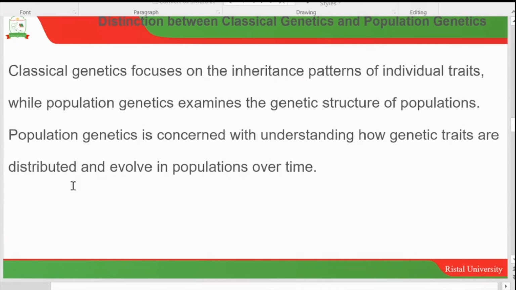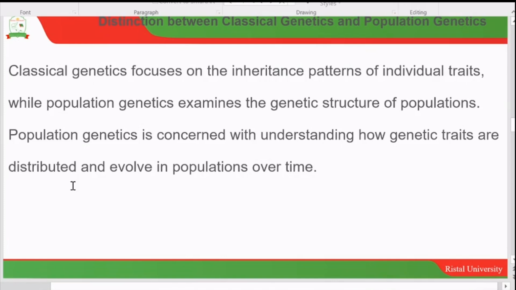So, in other words, population genetics is concerned with understanding how genetic traits are distributed and evolve in the population over time. If we're looking at genes for, maybe, black skin, then in terms of population genetics we shall be concerned with understanding how the black gene is distributed across the population.